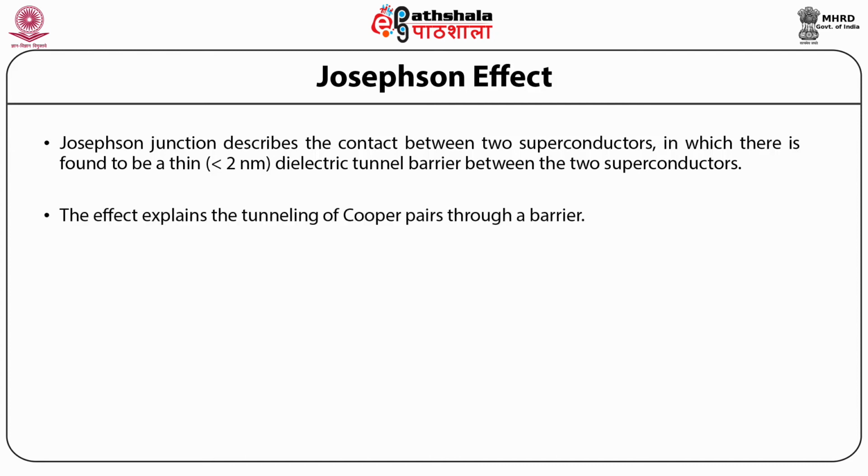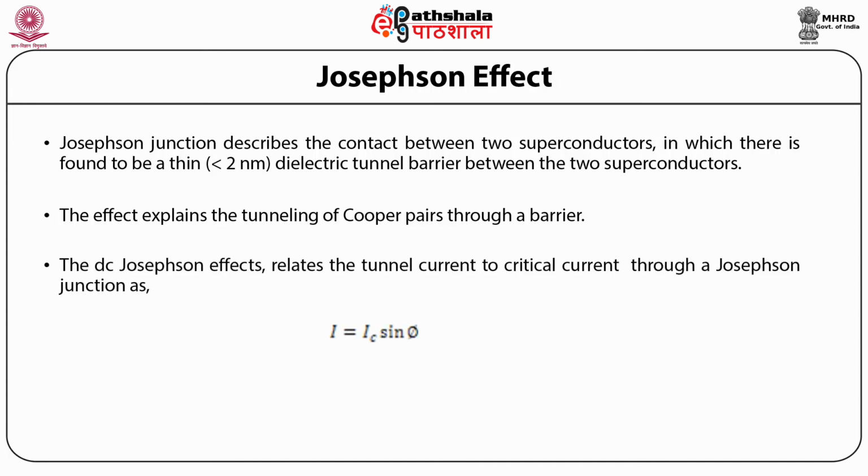The effect explains the tunneling of Cooper pairs through a barrier. The DC Josephson effect relates the tunnel current to the critical current Ic through a Josephson junction as I equals Ic sin phi.